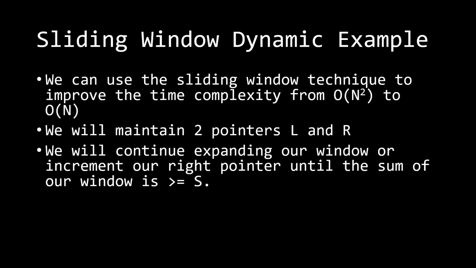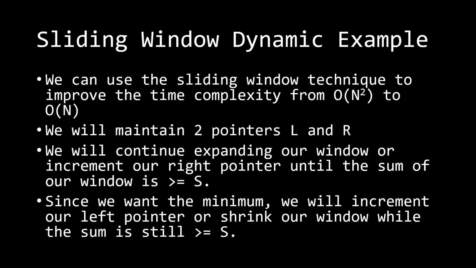So we just keep expanding while it's smaller than s, and then stop once it's greater than or equal to s. And since we want the minimum, we're going to increment our left pointer, or basically shrink our window, while the sum is still greater than or equal to s.